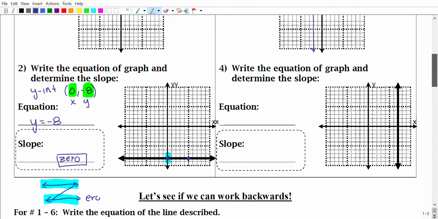So number 4 says, write the equation of the graph and determine the slope. Well, once again, it's a vertical line. So right off the bat, I know it has to start with x equals. Okay? Well, let's see. X equals what?